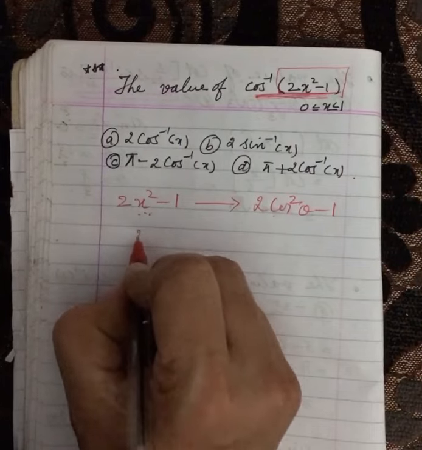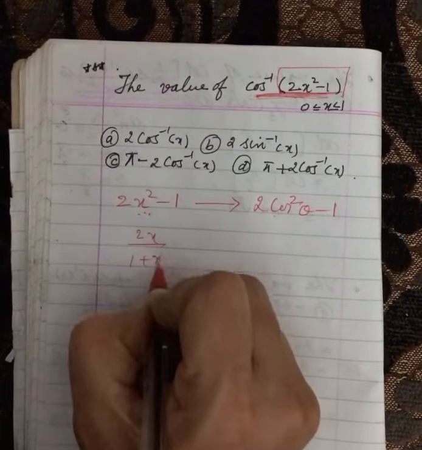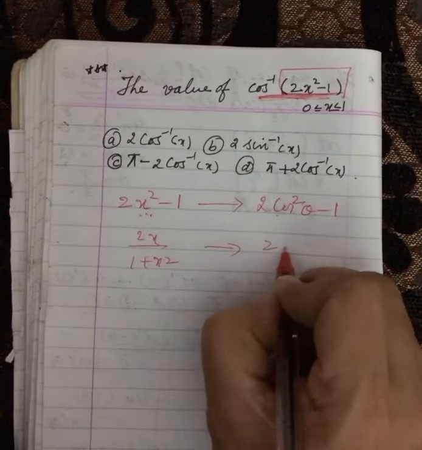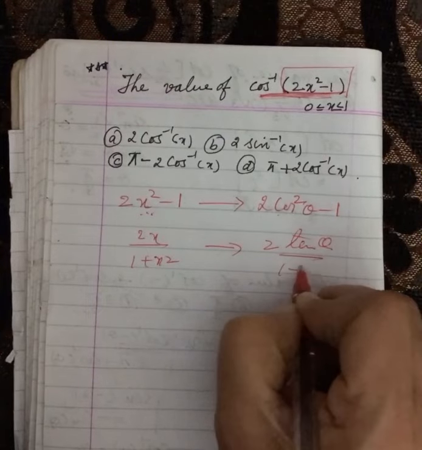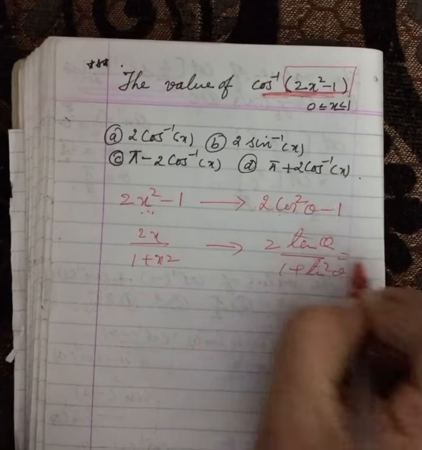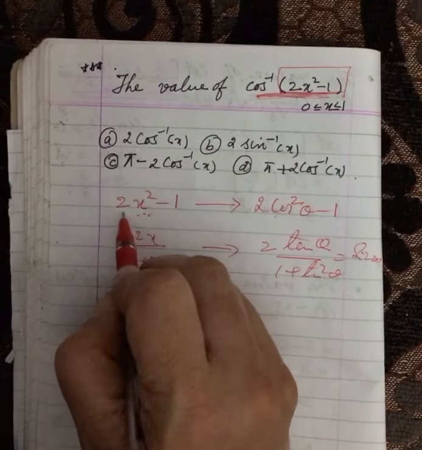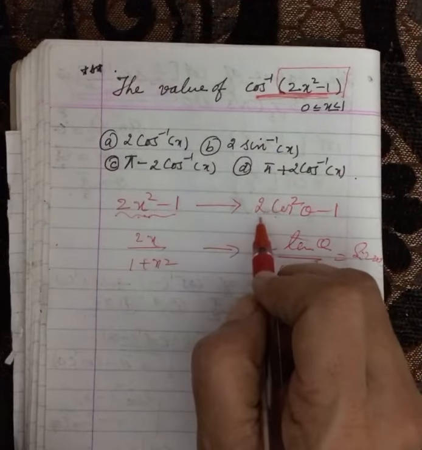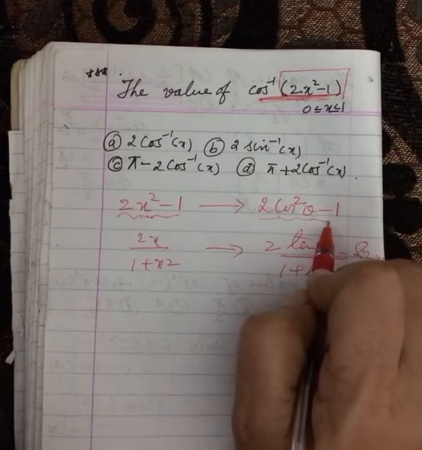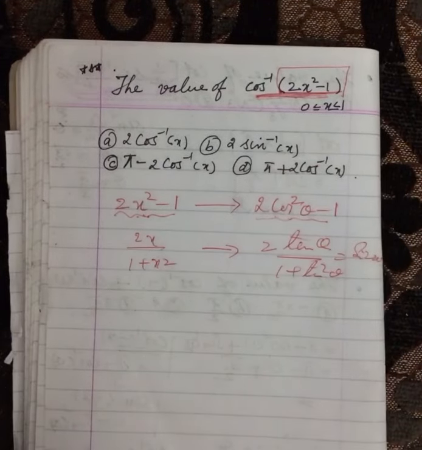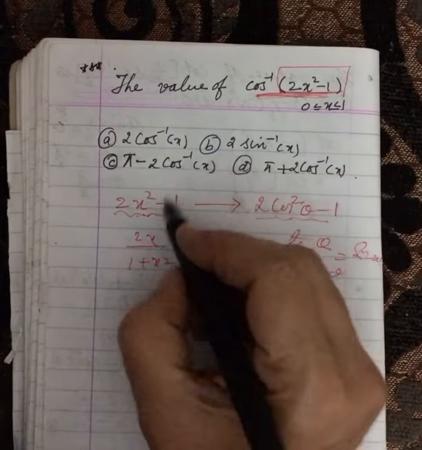Suppose if you have 2x by 1 plus x square, the corresponding identity will be 2 tan theta by 1 plus tan square theta, that is equal to sin 2 theta. So like that, for the algebraic expression you will get some equivalent trigonometric identities, and then you give a new substitution.